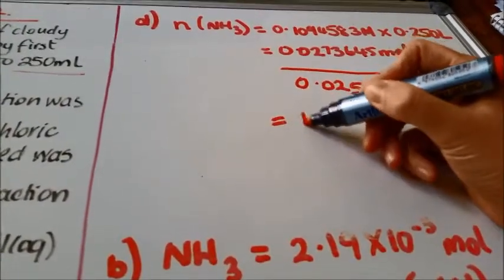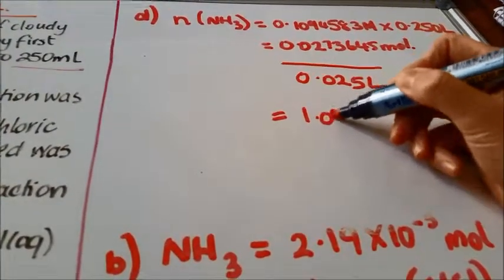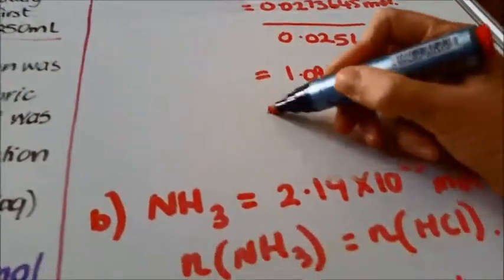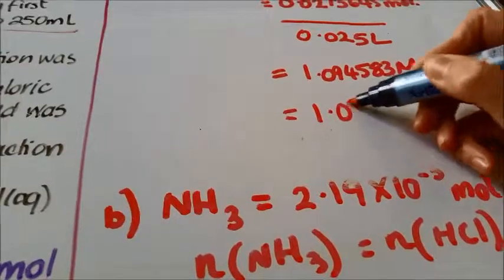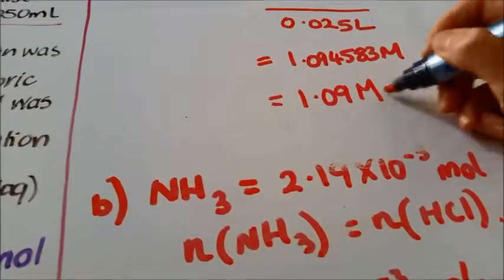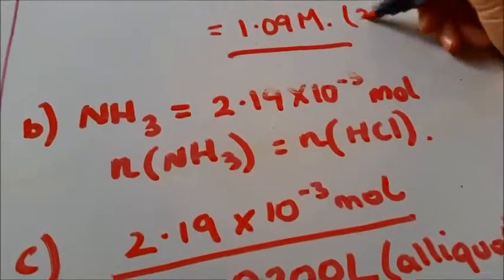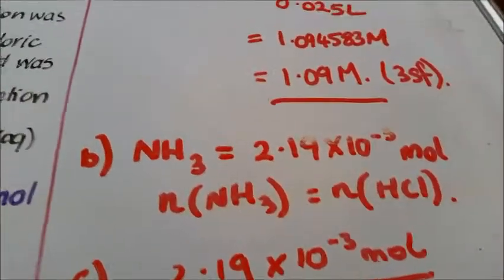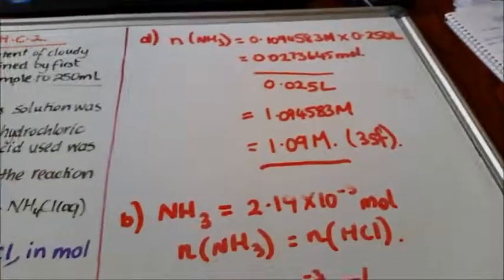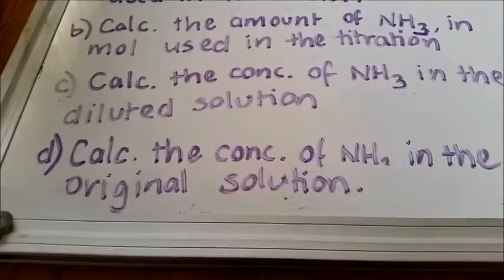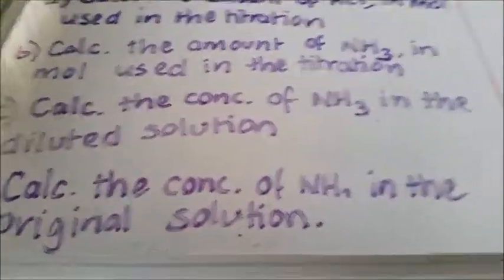Okay, and what we get is 1.094583 molar, and let's round it off because that's just the way we are. So our final concentration, to 3 significant figures, is going to be 1.09 molar. So that, as the question said, was the concentration of the NH3 in the original solution.